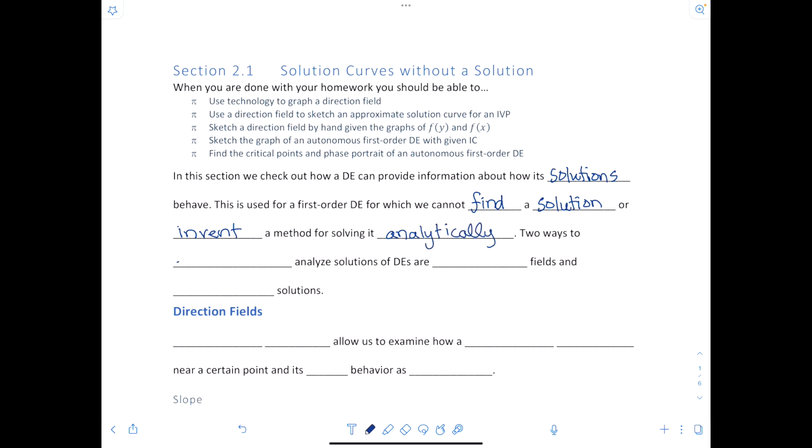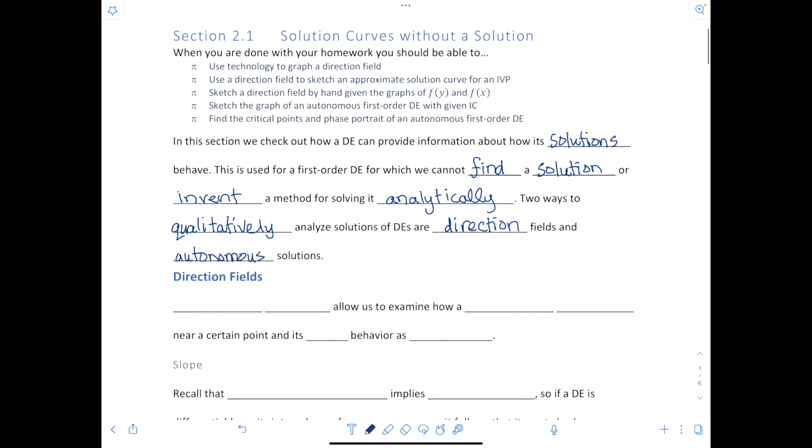Two ways to qualitatively analyze solutions of differential equations are direction fields and autonomous solutions.